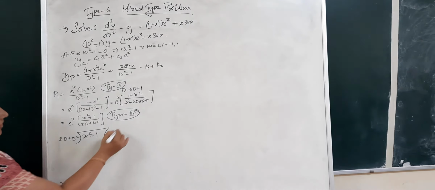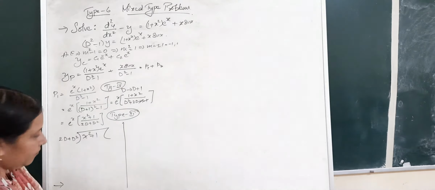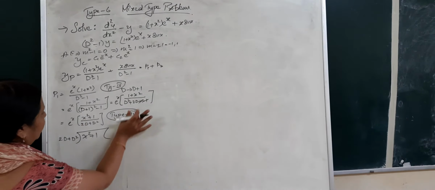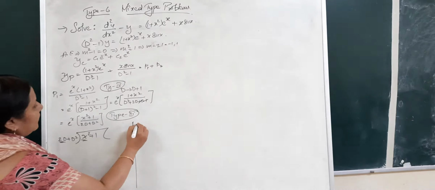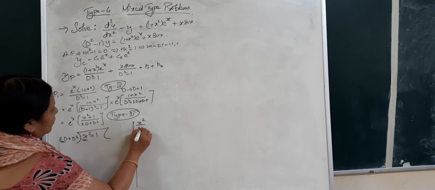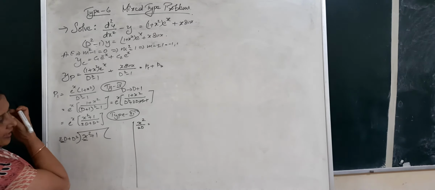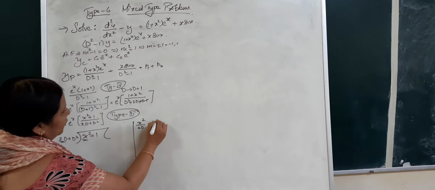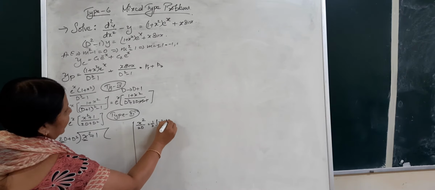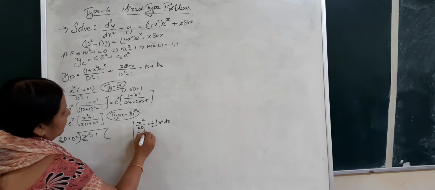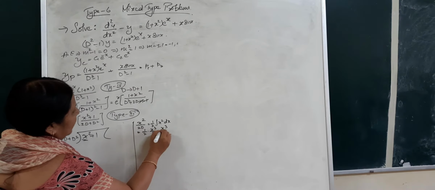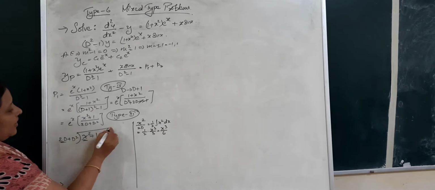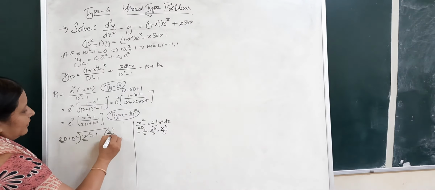Now first term by first term, we get x square divided by 2d. So 1 by d is the integral, so 1 by 2 integral x square dx, which equals 1 by 2 into x cube by 3, that is x cube by 6. This is the first term of our quotient.